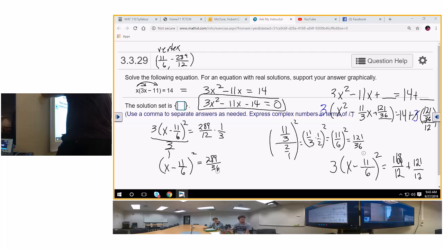Well, 289, I'm trying to think. I know 225 is 15 squared. Somebody check, raise 17 to the second power, see what you get. 289. It's a miracle. x minus 11/6 equals positive or negative 17/6. Now finish it.